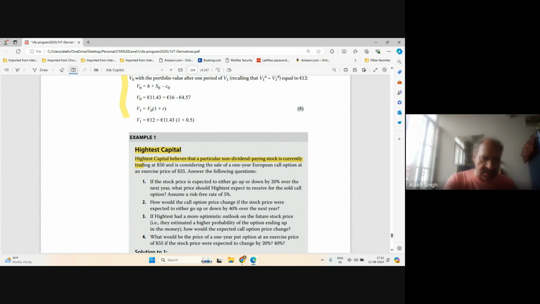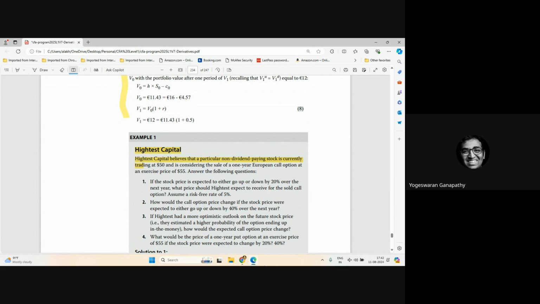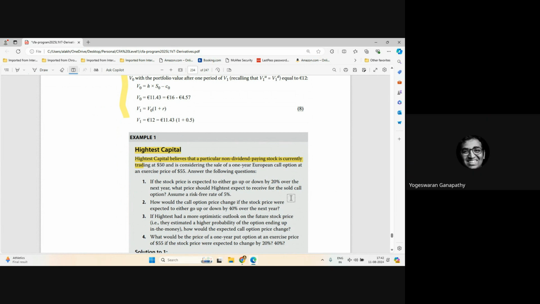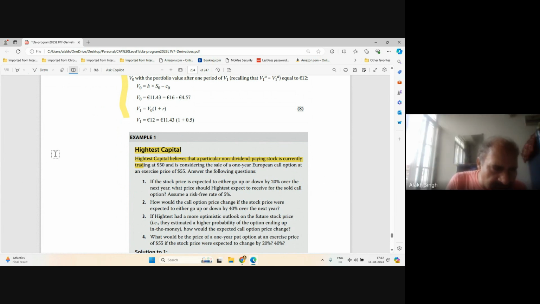So let's answer one. What will be S1? What is S0 now? S0 is 50. So S0 is equal to 50.